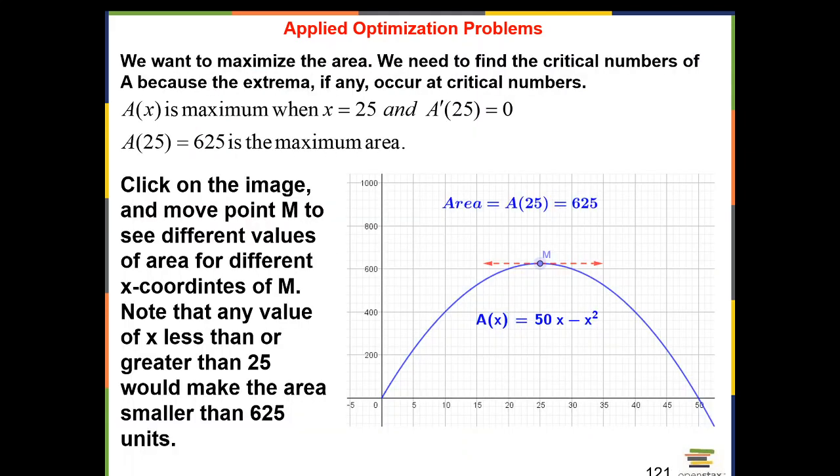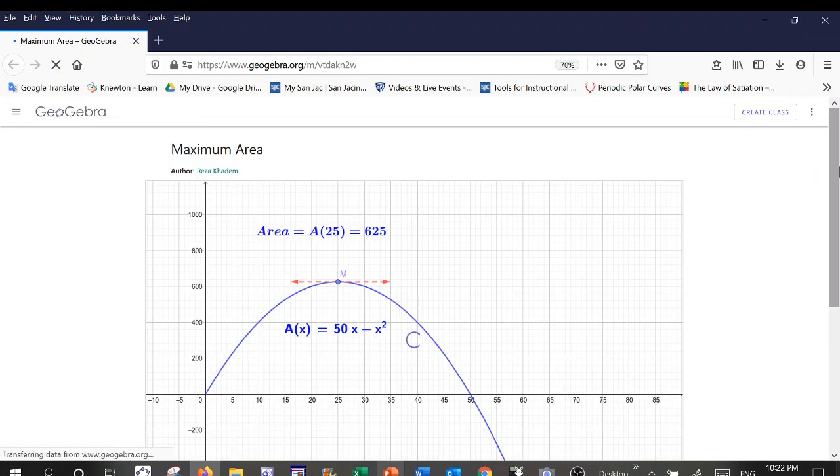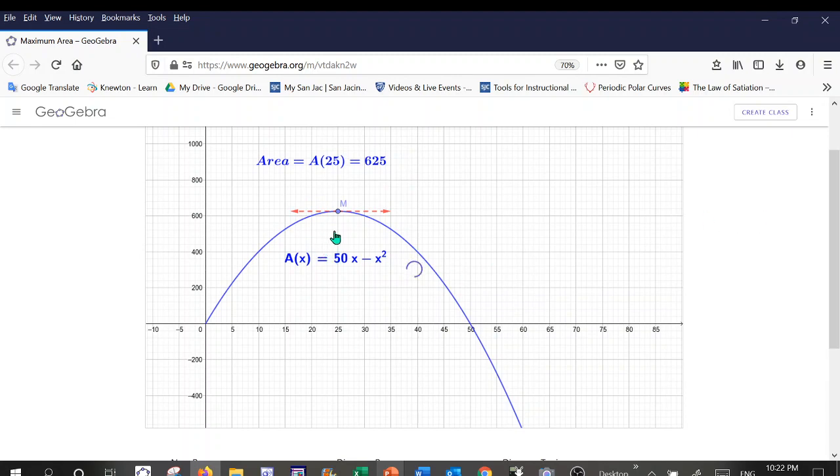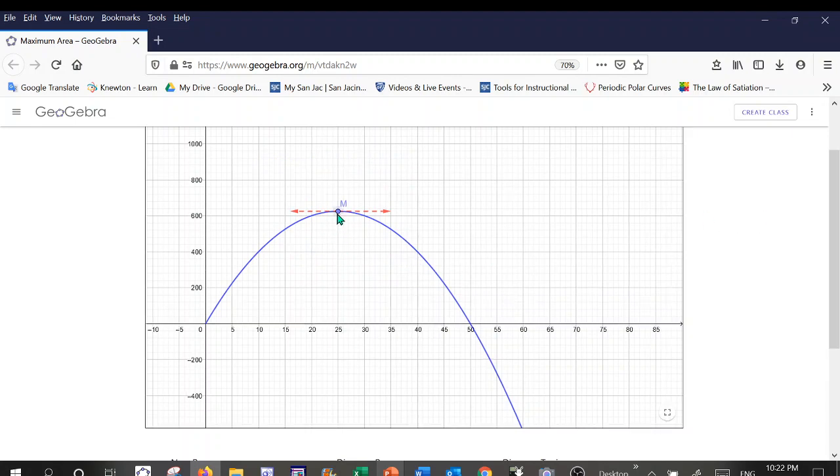So here I'm going to show you the graph of A, which is the area function, and as we make x values different, right? You're going to notice here that the maximum happens, you see. That's the area that we're going to get if we make different x values, right?